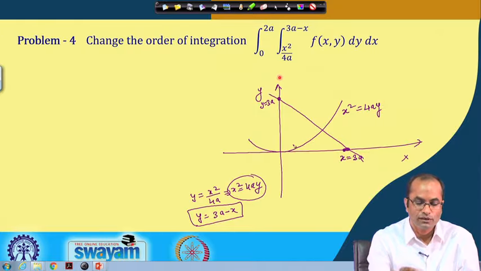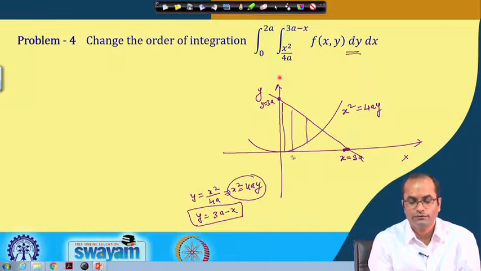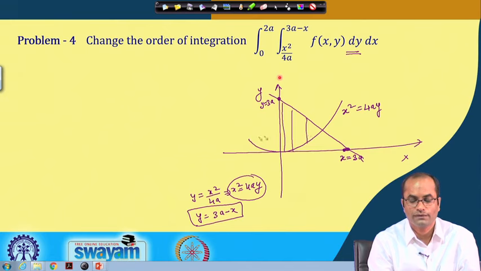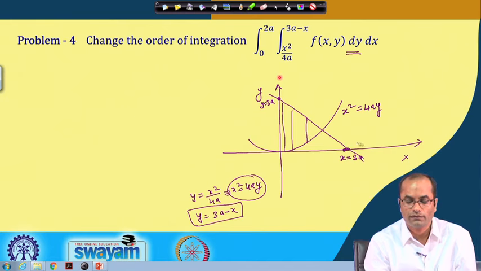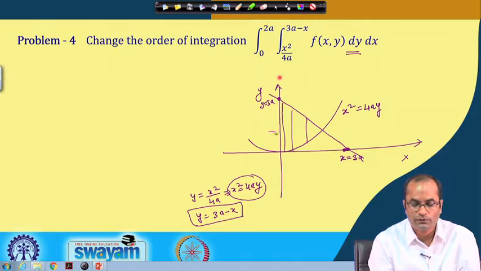So, now here if we look at the limits for y, y goes from the parabola to the line. So, this is the direction for the y from the parabola to the line, and now we want to change the order of integration. That means, in the direction of x we have to draw a line parallel to the x axis, and again we have that situation which we have discussed earlier, that there will be two domains because of this problem here.